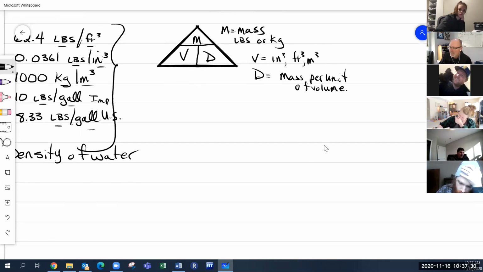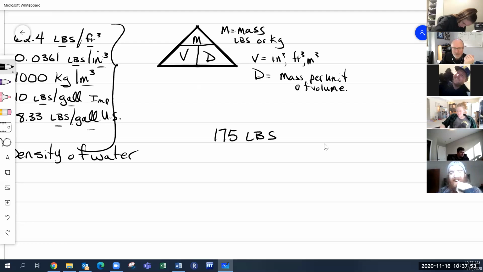So let's calculate the density of Doug. We can see how dense Doug is. Wait a second, that doesn't sound right. But let's do that anyways. My mass is 175 pounds. You know, COVID, I work too close to my refrigerator, so that's why my mass is a little heavy these days.